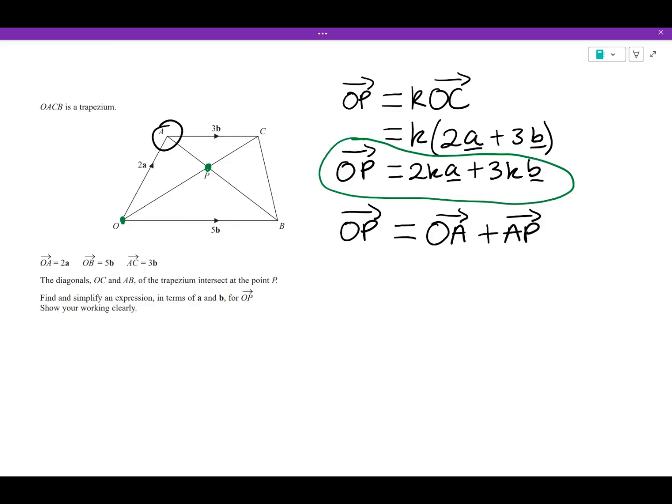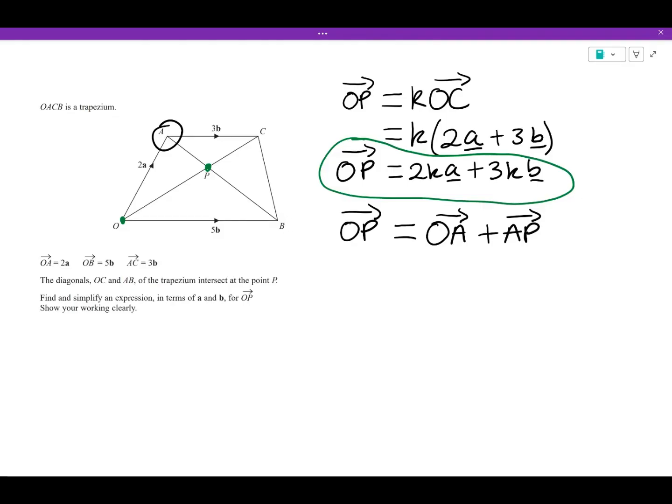As we've already done in this question, we now need to think about parallel vectors. We need to ask ourselves, what vector is parallel to A to P? Well, A to P to B is a straight line, so any vectors on that straight line are parallel. So we can say that A to P is parallel to P to B. We can also say A to P is parallel to A to B. Now I'm going to use A to B because B is one of my vertices and it's very easy to move between the vertices.